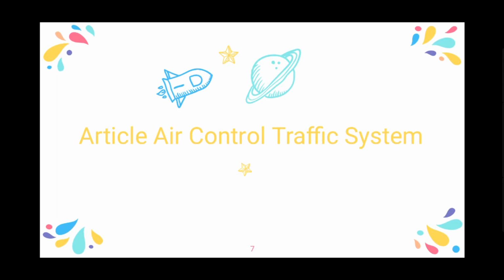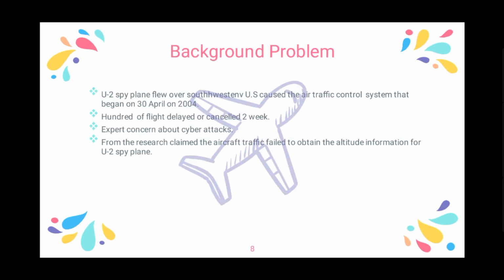Next, I want to tell you about the article on an air traffic control system. We begin with the background problem. First, a U2 spy plane flew over the southwestern US and caused the air traffic control system to fail, beginning on 30 April 2004.